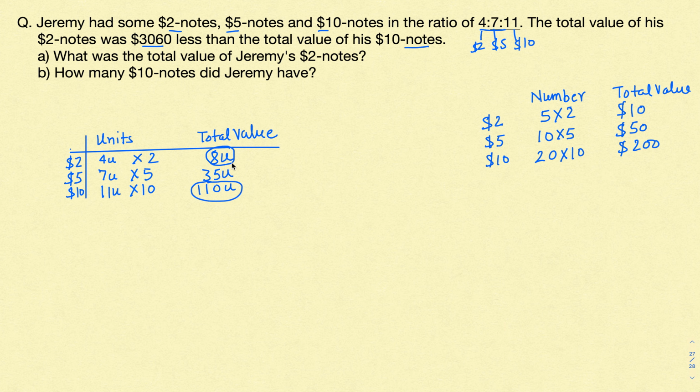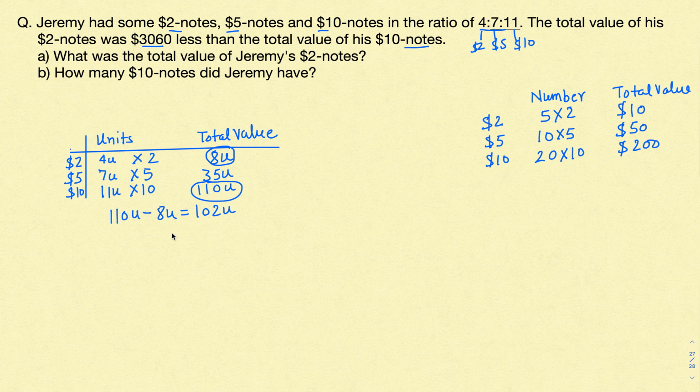There is so much difference, right? So let's first find the difference in the total value of $10 and $2 notes in terms of units. If you do 110 units minus 8 units, that will give you 102 units.